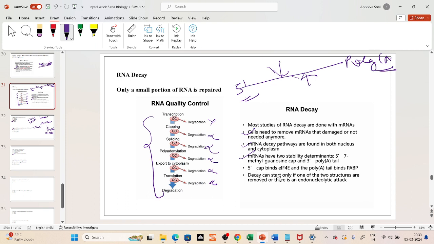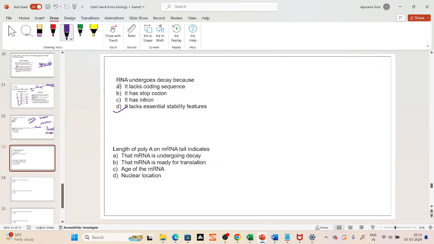See, decay can start only if one of the two structures, that means 5' cap or 3' poly A tail, are removed or there is an endonucleolytic attack. So the question is asking that RNA undergoes decay because it lacks essential stability features. And what are these stability features? This is 5' cap and 3' poly A tail.